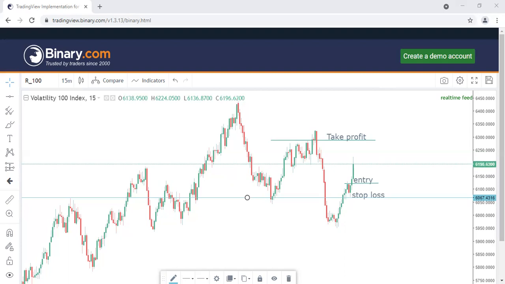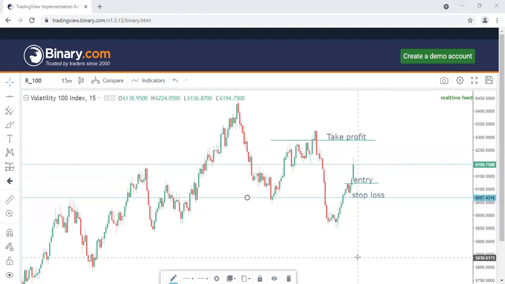But in the index market, if you are calculating for maybe price moves from 6,000 to 6,001, you have to divide such movement by 10.